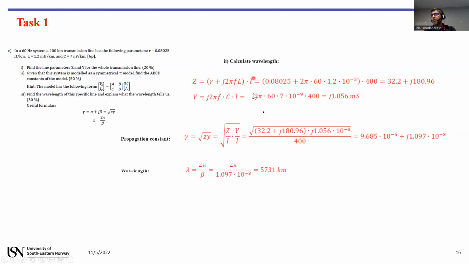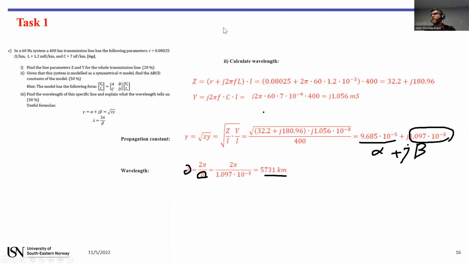And lambda, the wavelength, will be 2 pi divided by beta. And you know that gamma is alpha plus j beta, so the imaginary part of gamma will be used here. And this one is the wavelength of the transmission line.